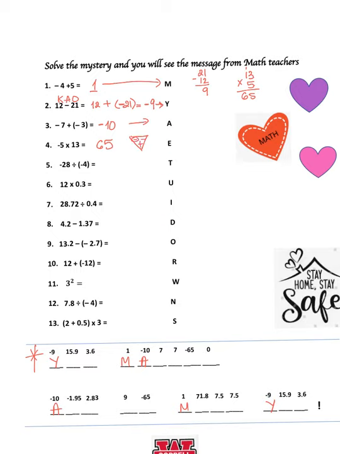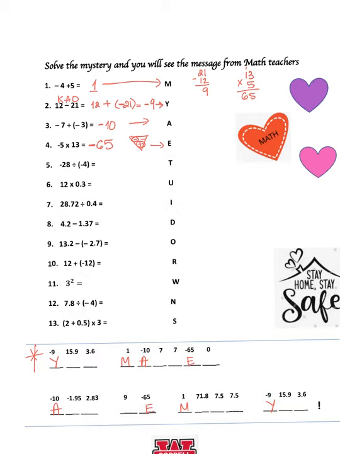A negative multiplied with a positive, the answer needs to be negative. -65. So for -65, we have letter E. We have letter E for -65, and this is letter E as well.